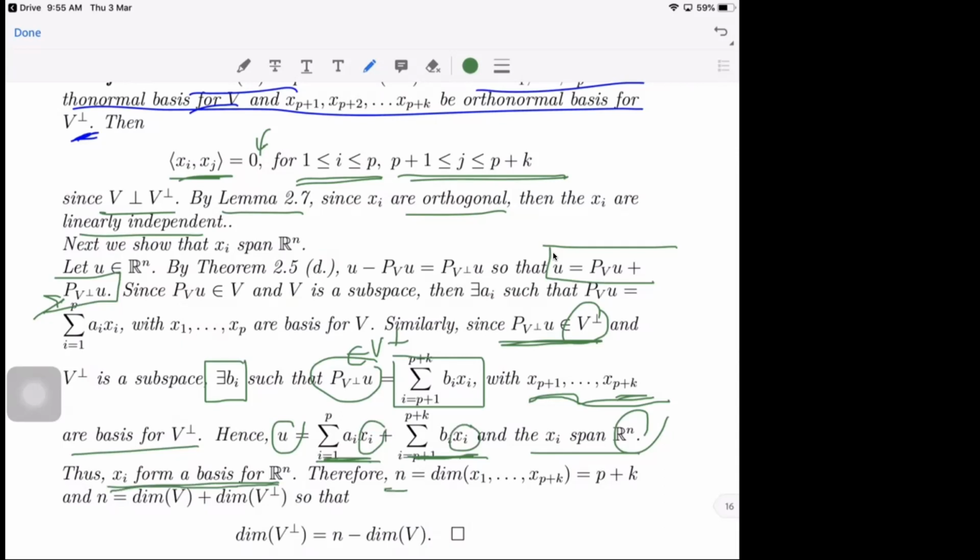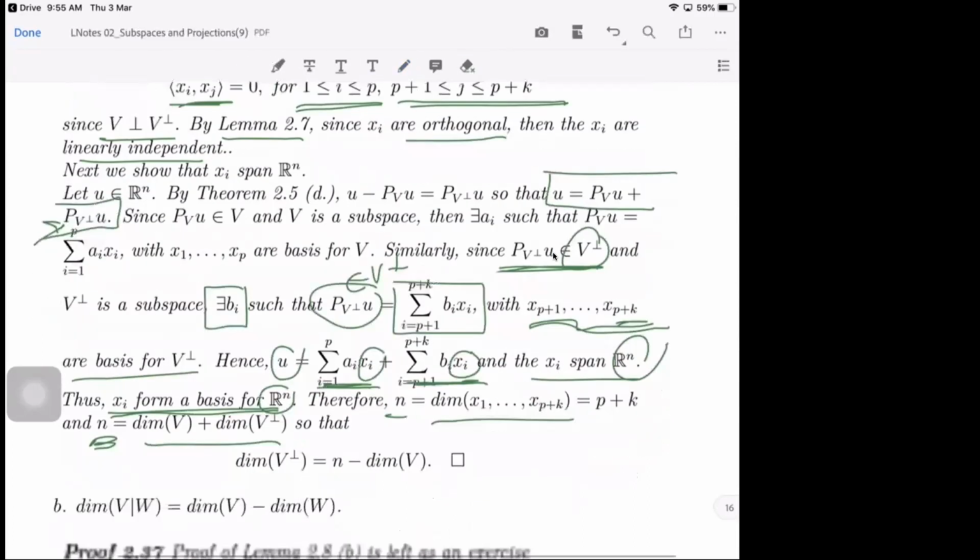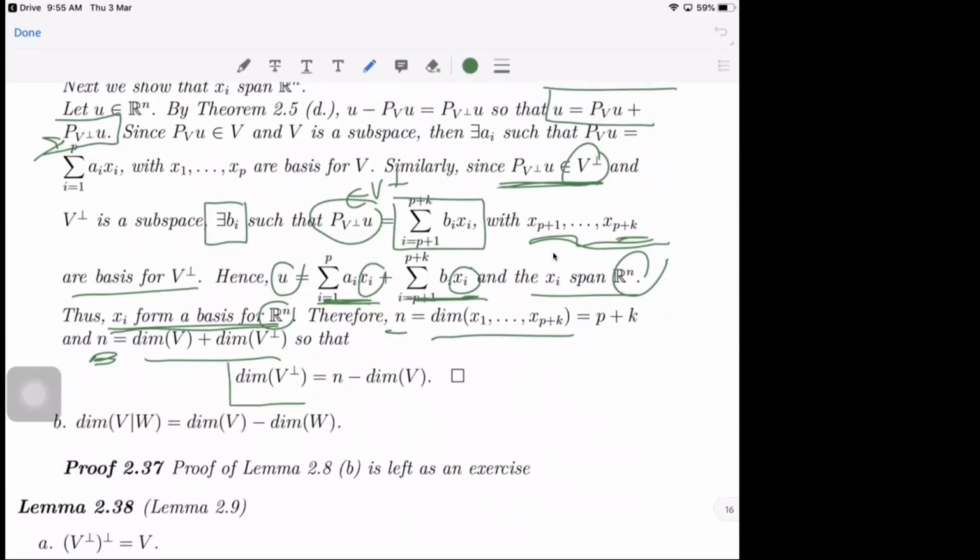Therefore, the dimension of Rn will be the dimension of x1 until xp plus k, which is equal to p plus k, so that n is equal to the dimension of V plus the dimension of V-perp, resulting in what we want: that the dimension of V-perp is equal to n minus the dimension of V.